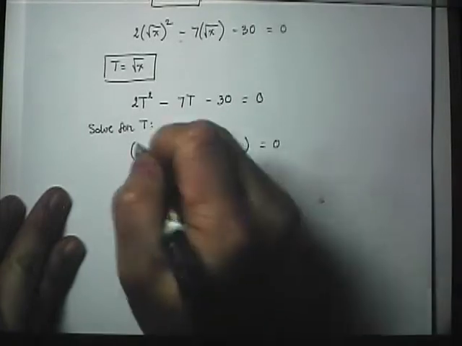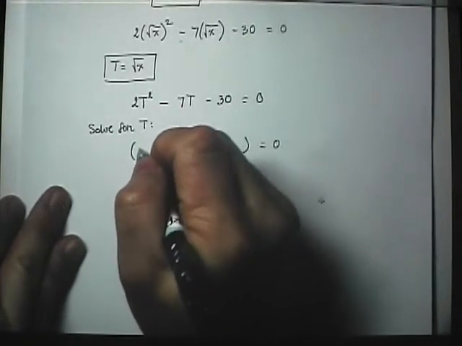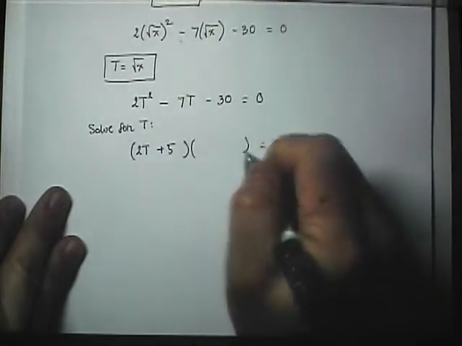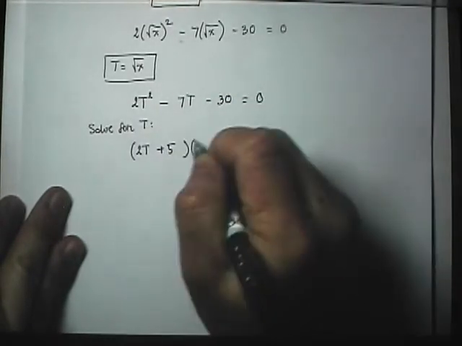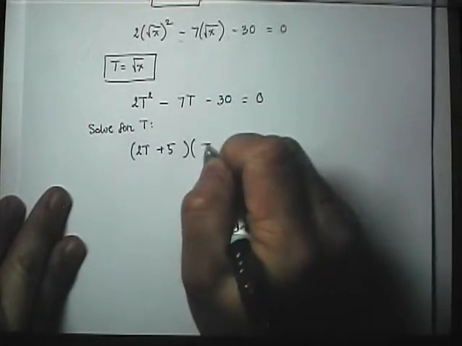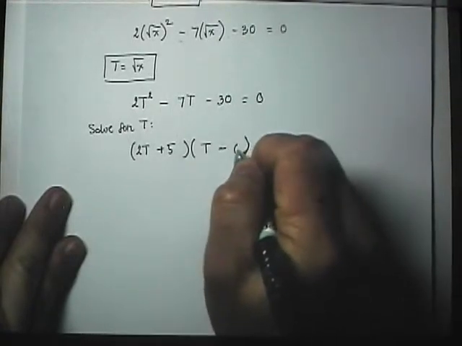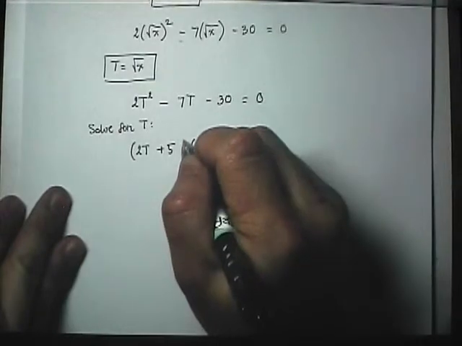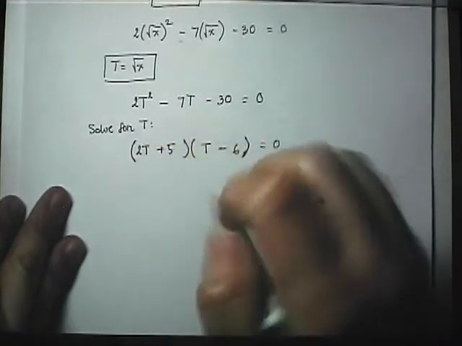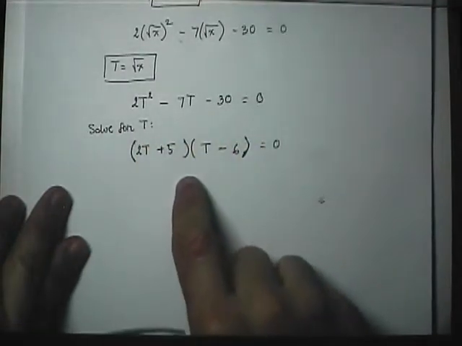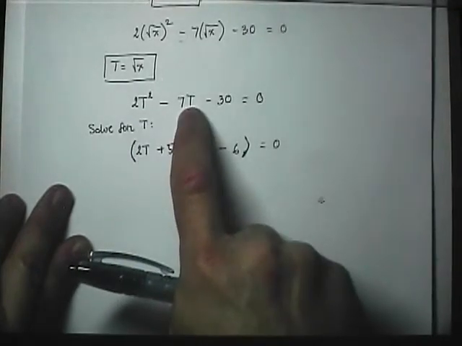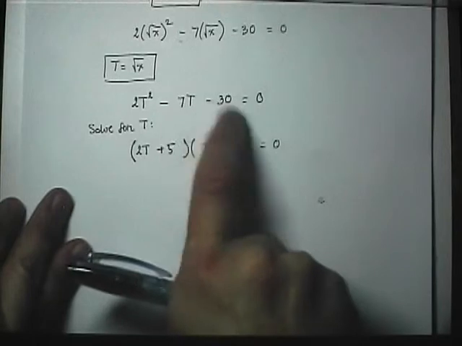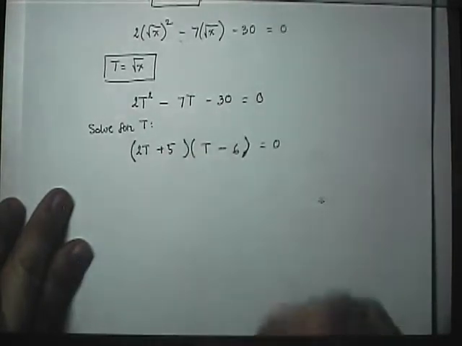I can factor this equation into 2t plus 5 and t minus 6. Once again, if you're not sure how I factor this, make sure you go back and review your factoring skills on 2t squared minus 7t minus 30.